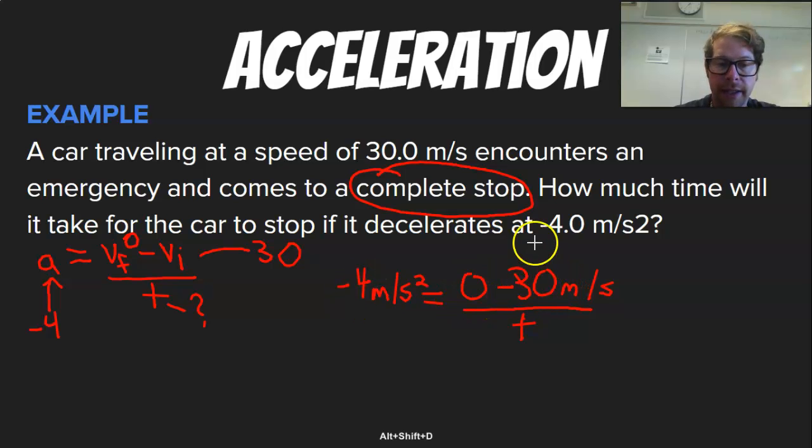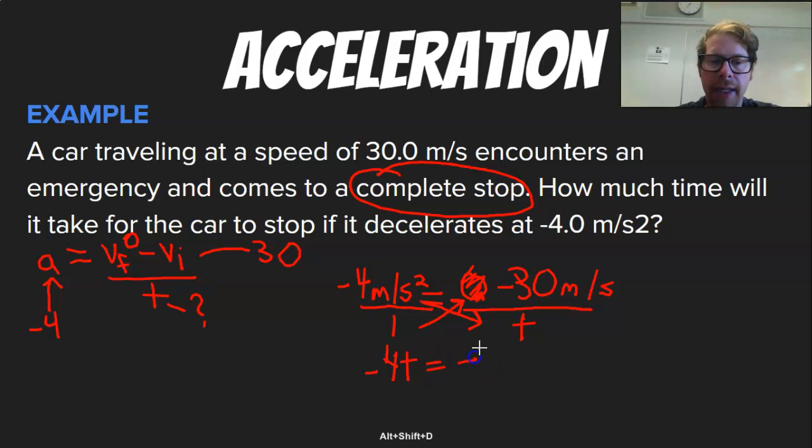So 0 minus 30 is negative 30. So we really have minus 4 equals minus 30 over t. So we can kind of scratch out this 0 because it doesn't do anything. And then you might remember this trick where we put this over 1 and then we cross multiply. So that means minus 4t, not 40, but 4t equals minus 30.